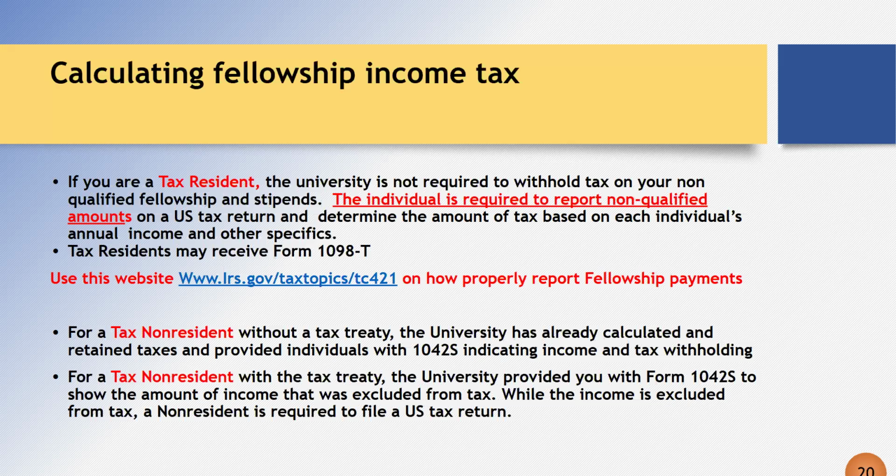Just to remind everybody here, if you were asked to complete Glacier in order to receive your fellowship payments, those fellowship payments are taxable. We already determined they are taxable. Now you just need to know how to report it, yes?